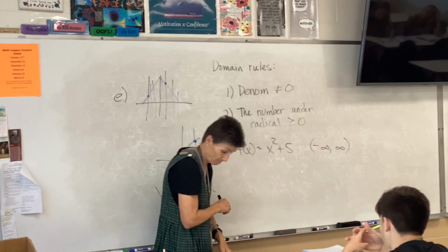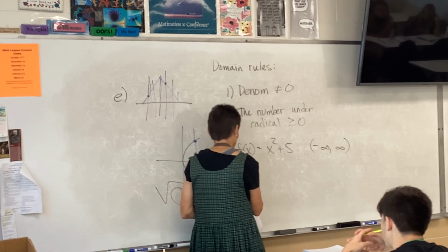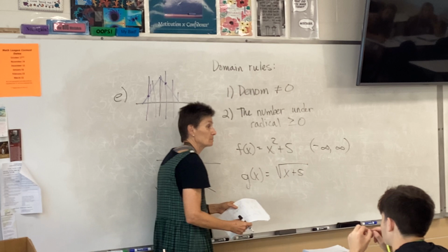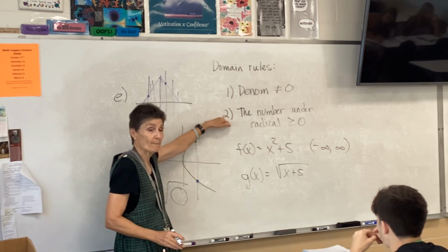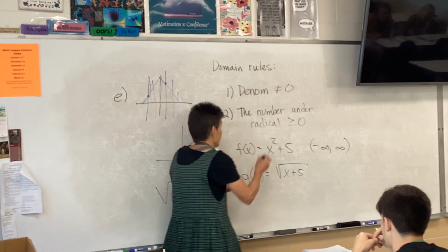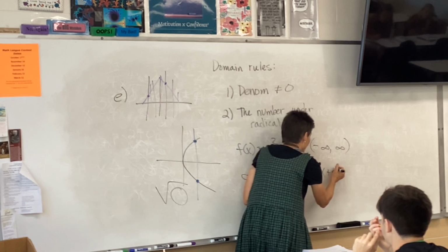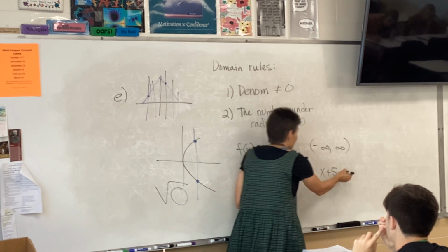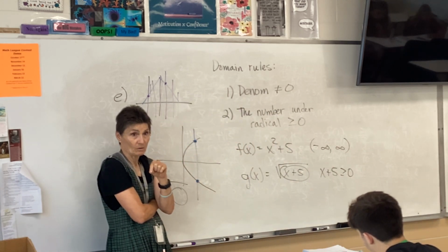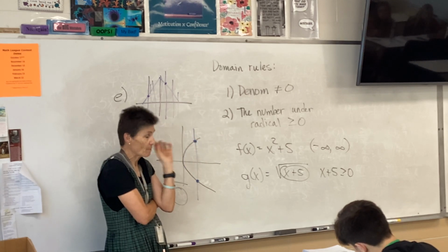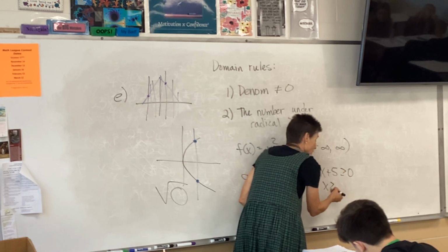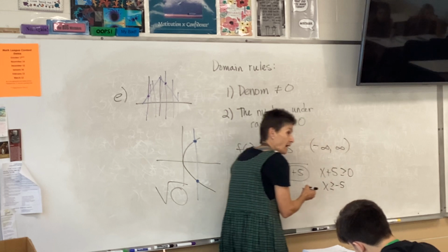Now look at B. What does B have? B has a radical. So what do I have to worry about whenever I have a radical? Whatever is under it, x plus 5, has to be bigger than or equal to 0. Which means if I solve this, x has to be bigger than or equal to -5.